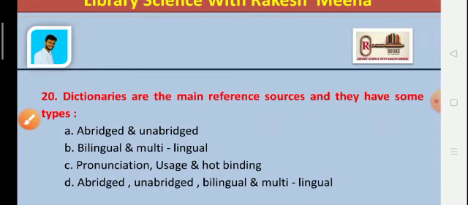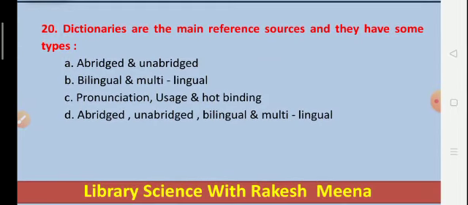Next question, and the last question of the test series. Dictionaries are the main reference sources and they have some types. Option A is RBs and non-RBs, option B is bilingual and multilingual, option C is pronunciation, uses and binding, option D is RBs and non-RBs, bilingual and multilingual.